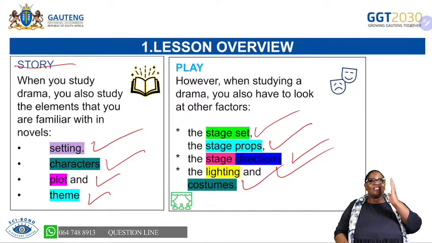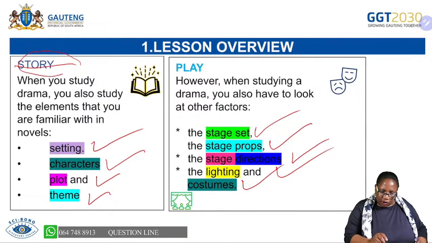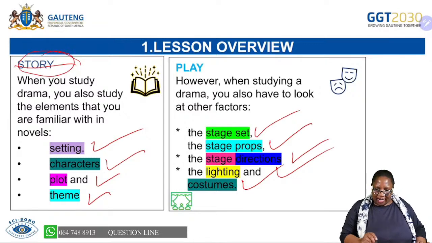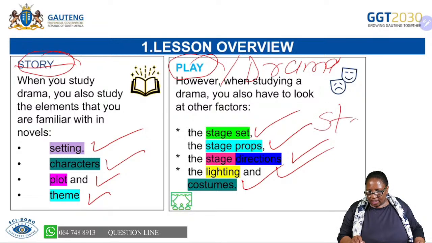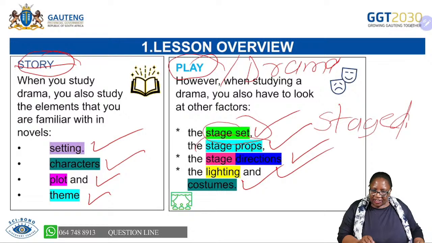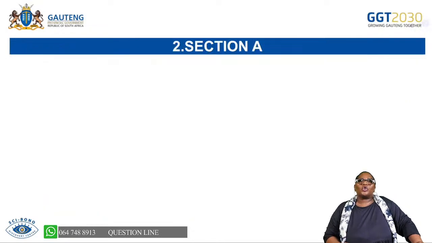That is different from when you study just a short story or a novel. A play is a drama, which is supposed to be played or staged. So that's the reason we're talking about the stage set, stage prop, stage direction, lighting, as well as costume.